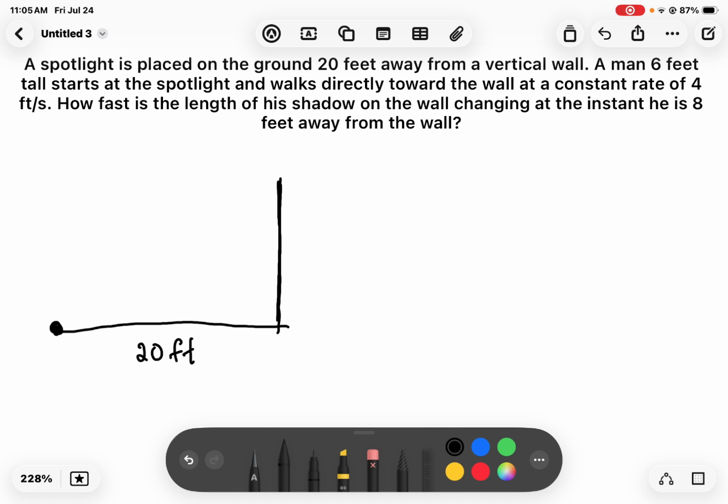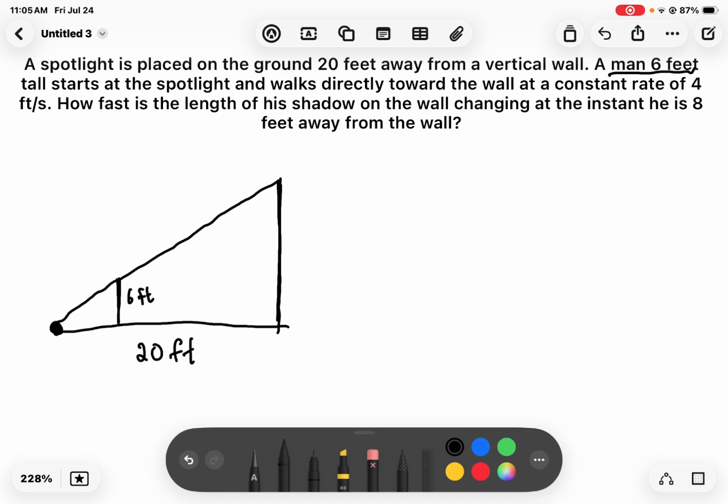So then we have a 6-foot tall man that starts at the spotlight and he's walking toward the wall. So I'll just draw a line segment to represent the man, and I'll say this is 6 feet in length. So this represents the man, and so we can draw this sort of triangle.